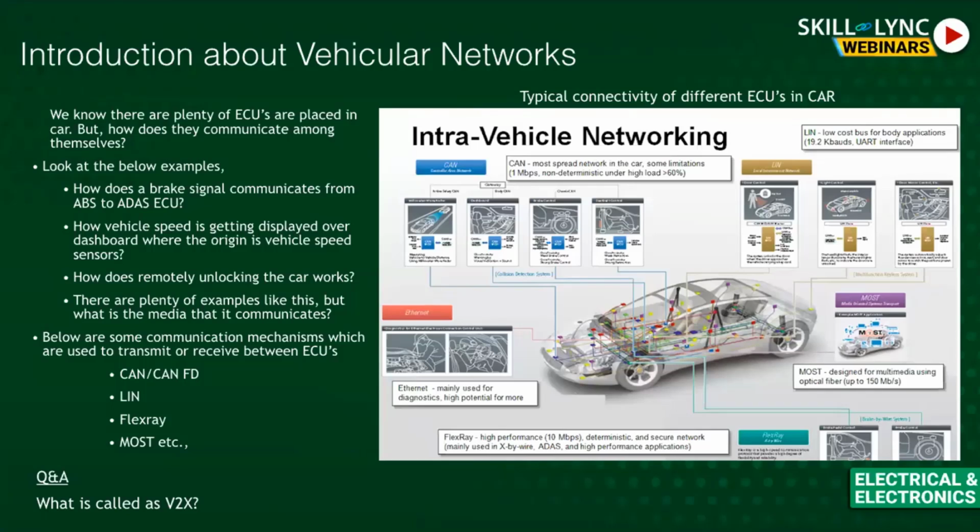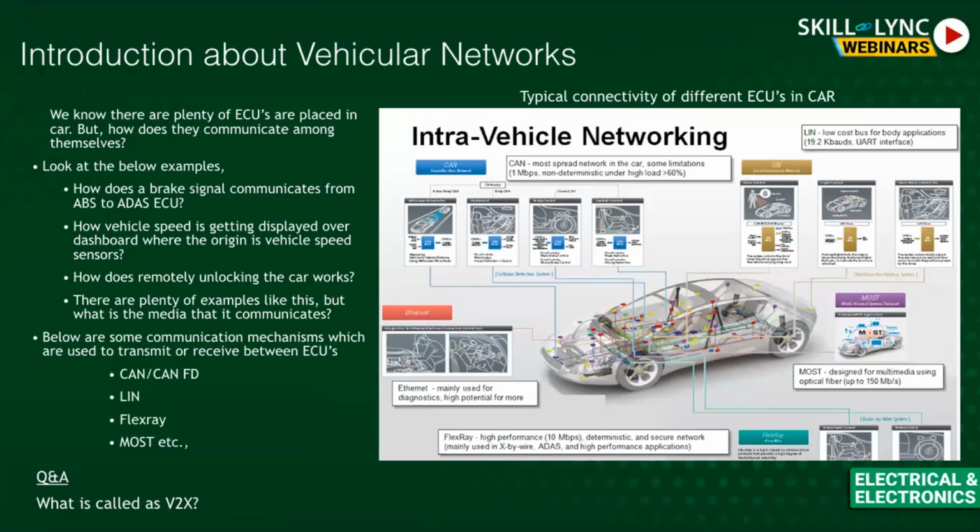The vehicle speed sensor is placed almost near the tire side. Now how exactly is your vehicle speed getting displayed at the dashboard? Which line is communicating, who is showing you the value, how you are getting it displayed is nothing but the communication protocols, so CAN FD and other stuff, everything.